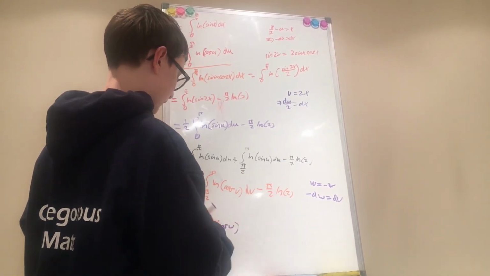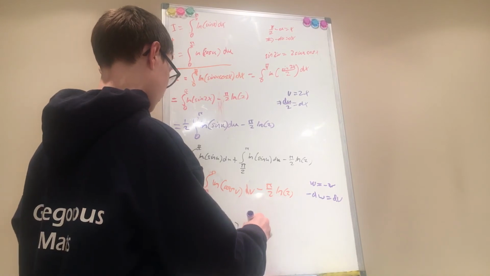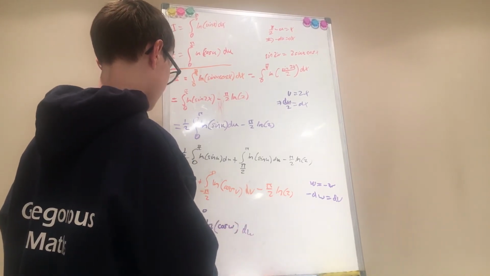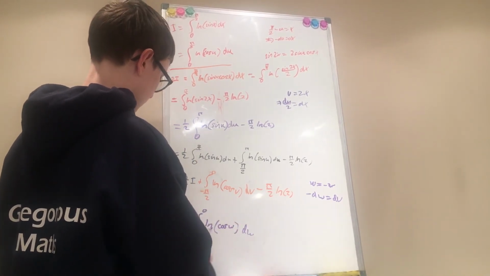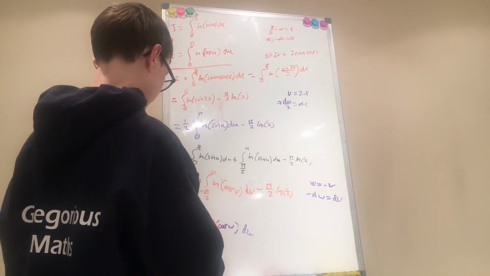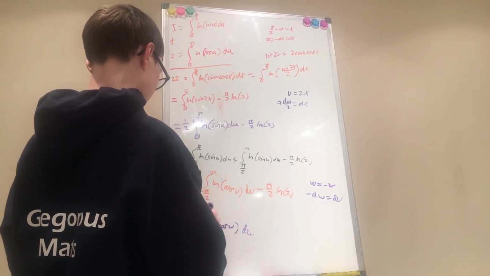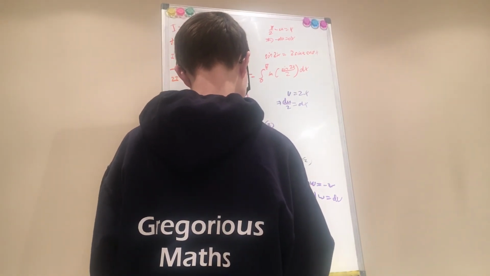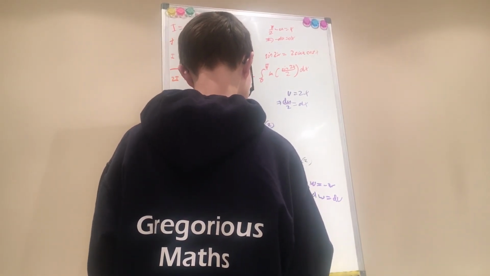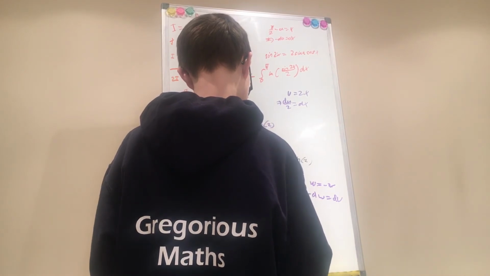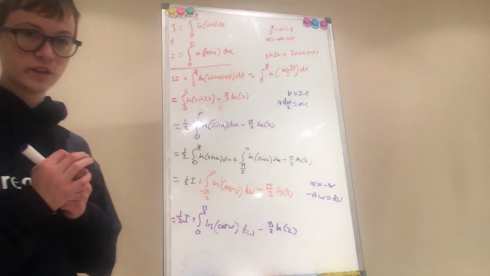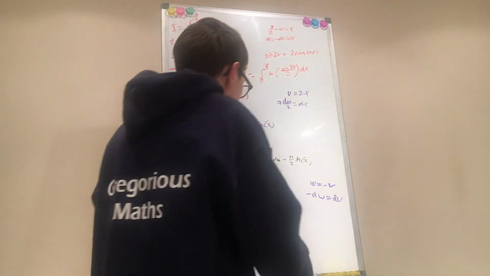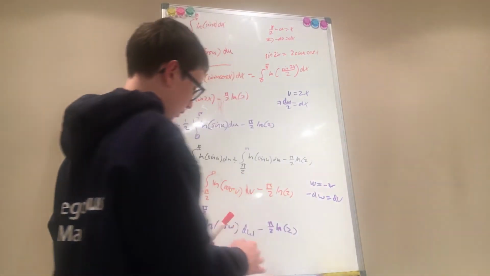Use that negative there to flip the bounds, between 0 and pi over 2. And don't forget to subtract pi over 2 ln of 2.